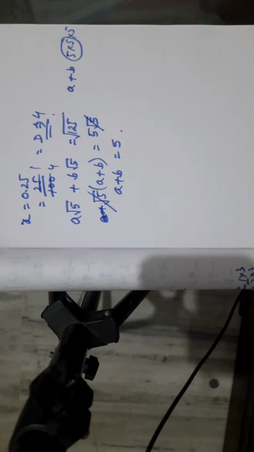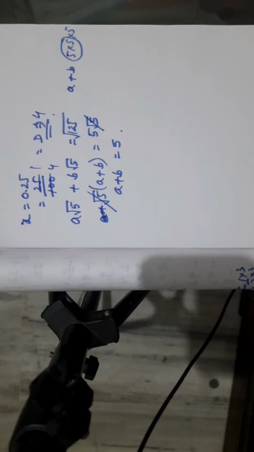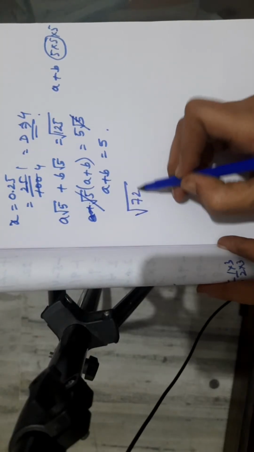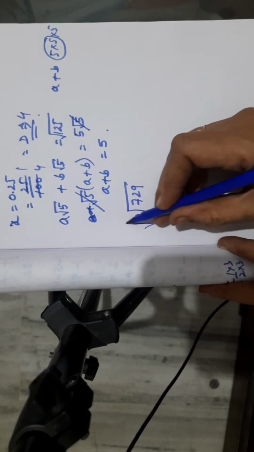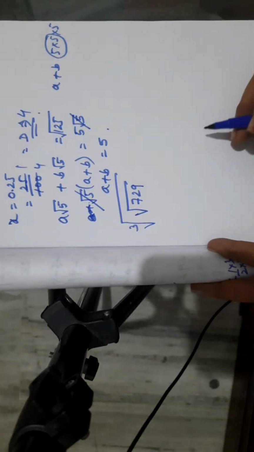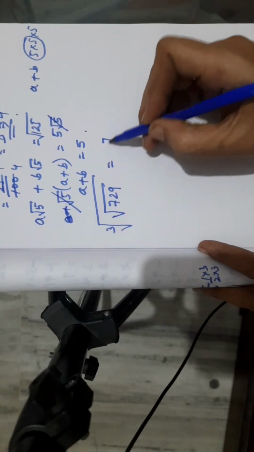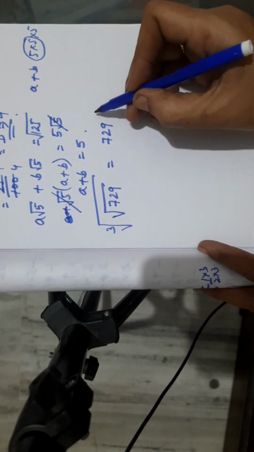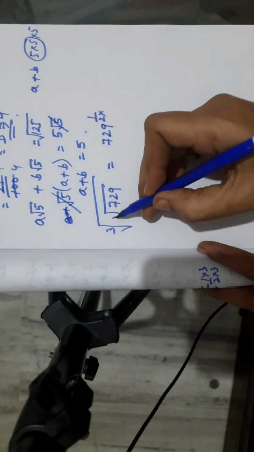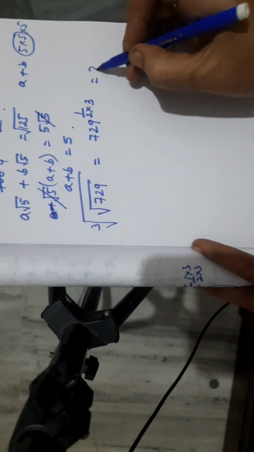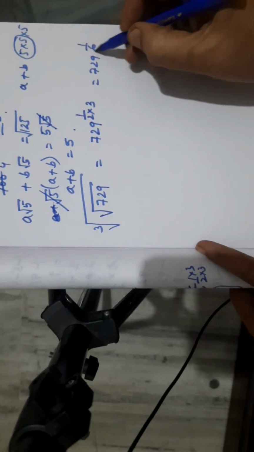P is given as root y, Q is given as 125 root y. Here it is given a number like the square root of the cube root of 729. How can we represent this number? 729 raised to 1 by 2 for this root and 3 for the other root, so overall it is 729 raised to 1 by 6.